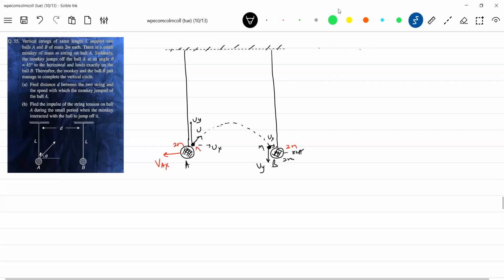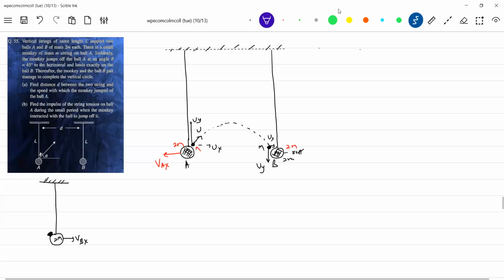So this string, mass 2m, and the monkey will be here. This should acquire velocity only in this direction, no? Because the string will not permit it to acquire velocity along the y direction.